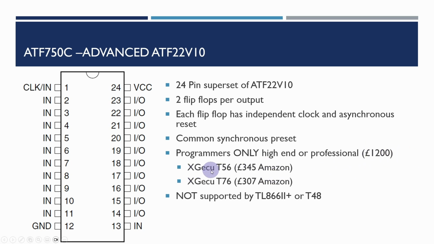Now, the XGecu T56 that I have was around this sort of price. At the moment it's £345 on Amazon. You probably can get it cheaper if you buy direct from China, but this has just been replaced apparently by a T76, which is about £307 on Amazon.